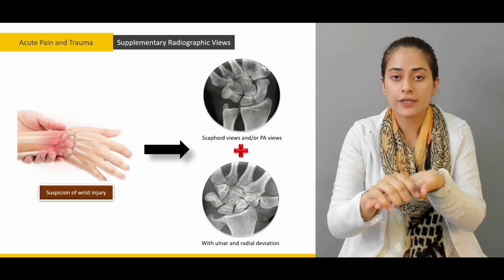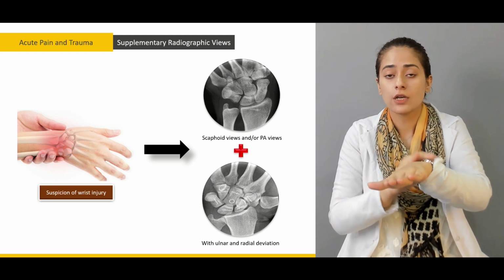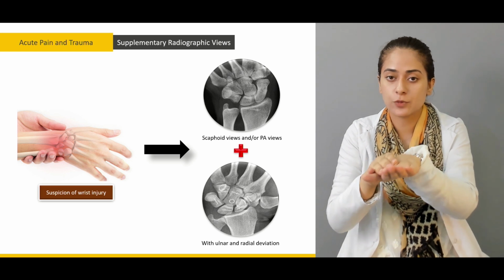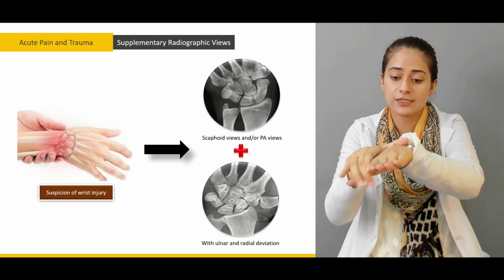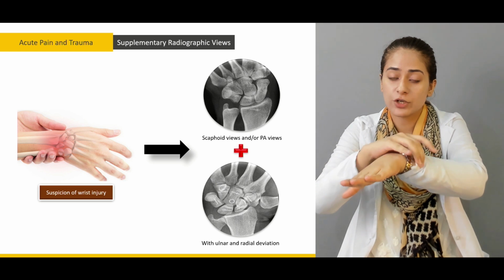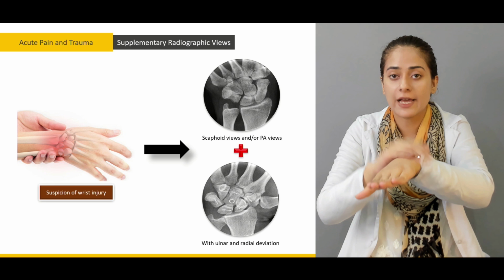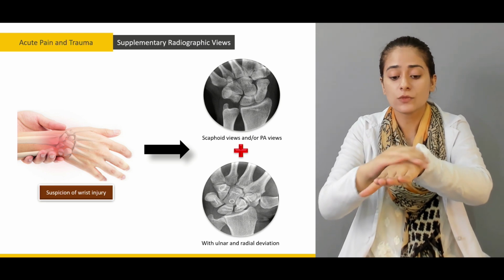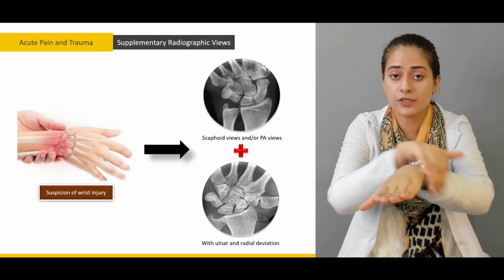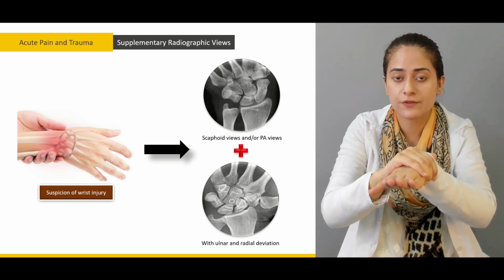So one can also ask for x-ray views in this position. So if my hand is placed like this towards the ulna bone, it is bent towards the ulna bone. So this is lateral deviation. I'm sorry, this is medial deviation towards the ulna. Ulna is the medial bone, so this is medial deviation.